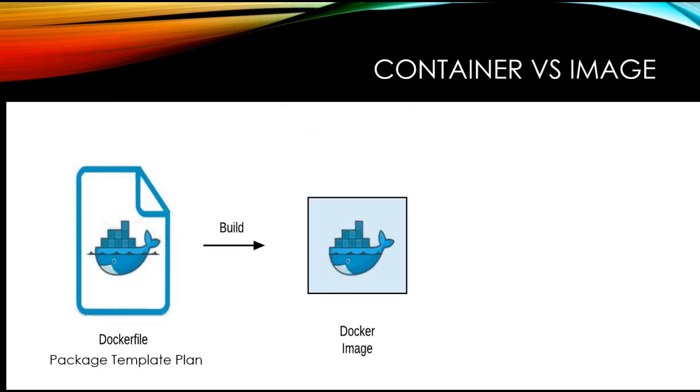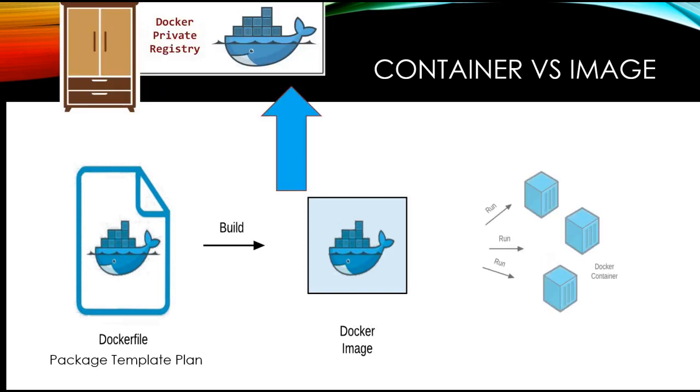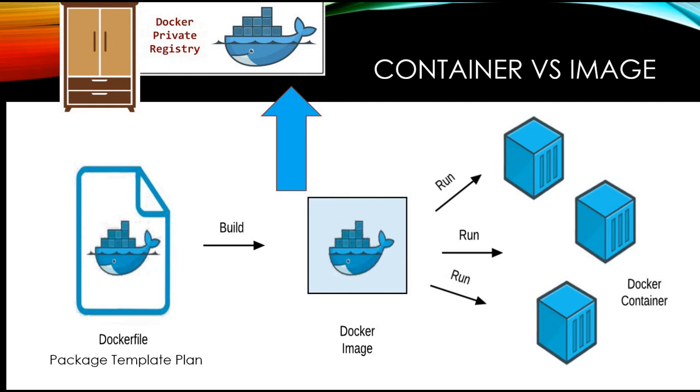In the Docker world, you might have heard two things very frequently. One is called Docker image, another is called Docker container. A Docker image is nothing but the actual executable packages. It's just like a template of your runtime environment. A Docker container, on the other hand, is a runtime environment of your Docker image. So you can create multiple runtime environments or Docker containers from a single image.